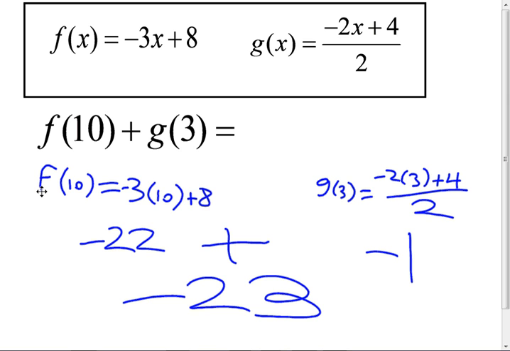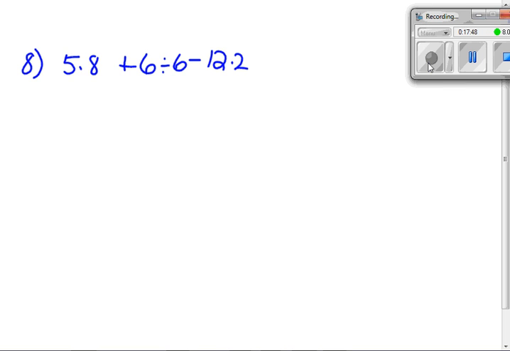Okay. Now get your worksheet out from yesterday and let's check our answers. Order of operations, Zach, says that we do our multiplication and division.